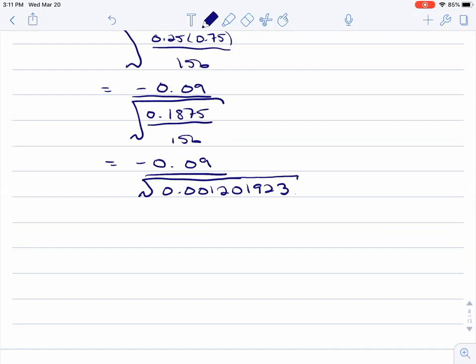One thing I will mention, because it will come up: if you forget to do the square root here, and just do 0.09 divided by 0.0012, you're going to get a huge z-score. Yes, big z-scores can happen, but more likely you forgot a square root.